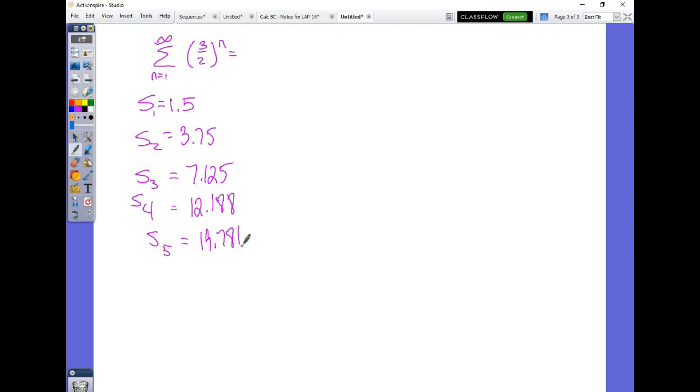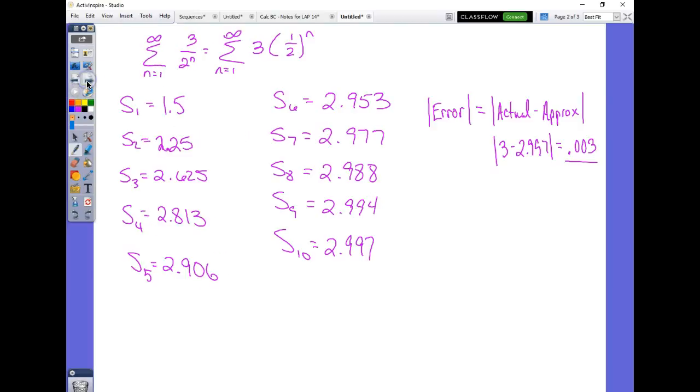If you take a look in pre-calculus, you should have talked about at some point in time this equation right here, S is equal to A over 1 minus R, where A is your first term and R is your common ratio.